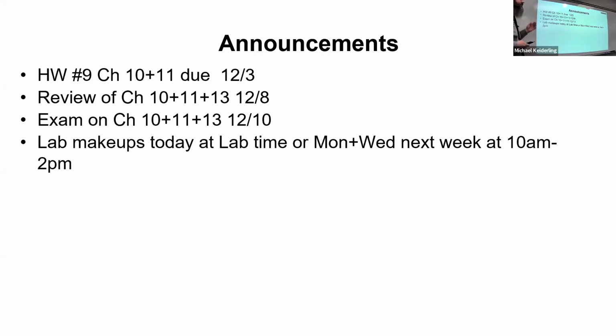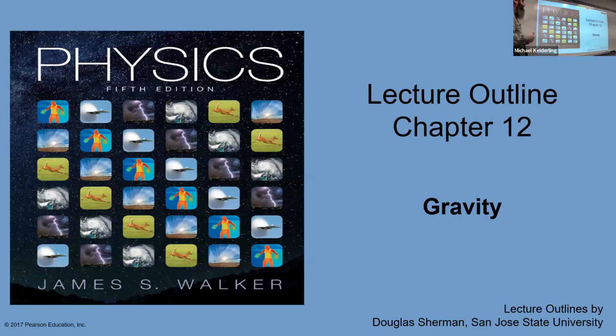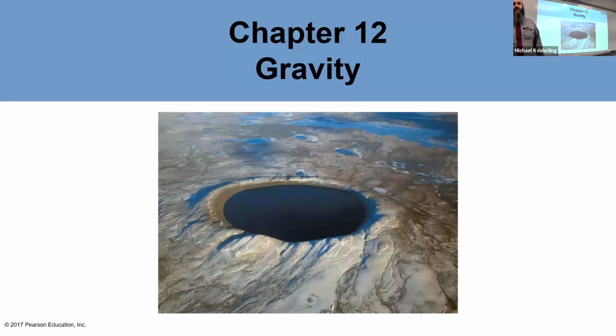So we finished up chapter 13 on Monday. So I want to do a bit on gravity, chapter 12, just to finish off. This is an example of something caused by gravity, a crater.